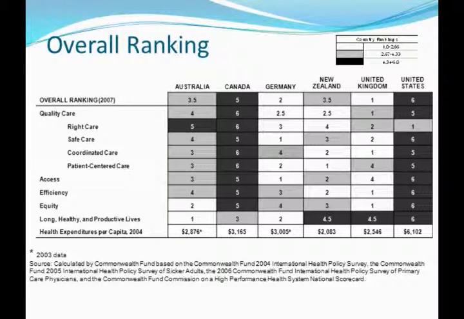In terms of overall spending, we're twice that of the other countries. Canada, just to the north of us, is 5 or 6 as well on almost everything except for long, healthy, and productive lives, where they seem to be doing a little better.